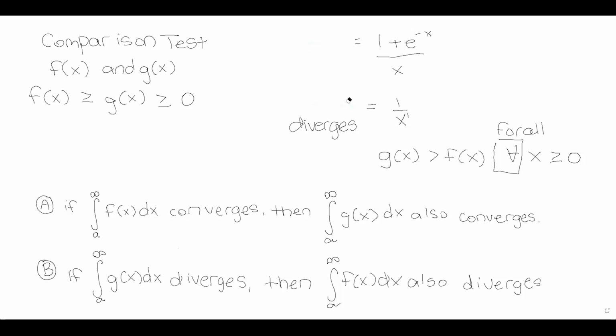I want the smaller one to be f of x. So if the smaller function diverges, the bigger function also diverges. So if this f of x diverges, this definition in part B tells us that g of x also diverges. So that's the comparison test.